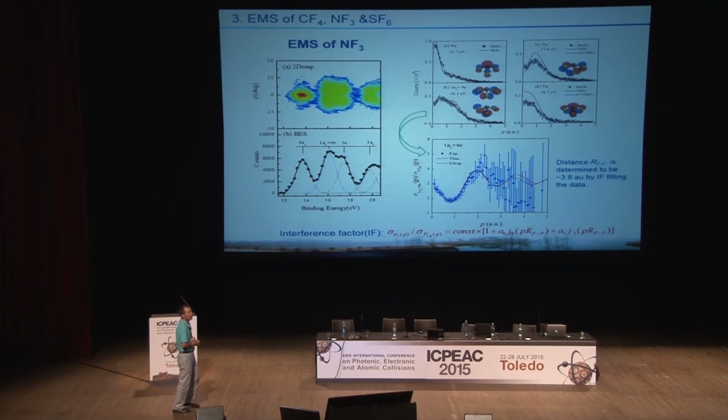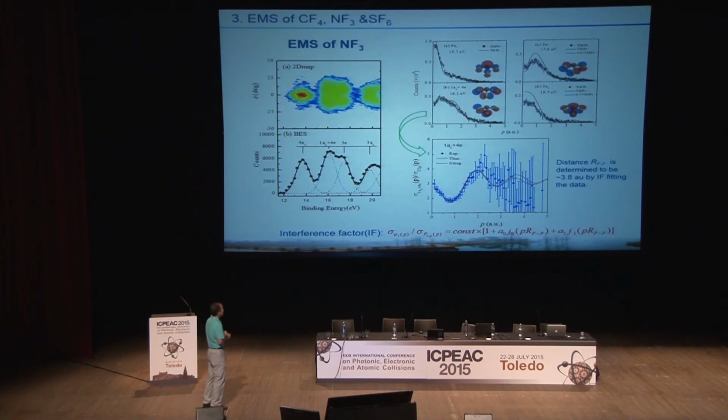This is the result of the NF3 molecule. Here it shows the energy and angular density maps. It's the binding energy spectrum. So we can also obtain the experimental electron momentum profiles for different valence molecular orbitals, as shown here.